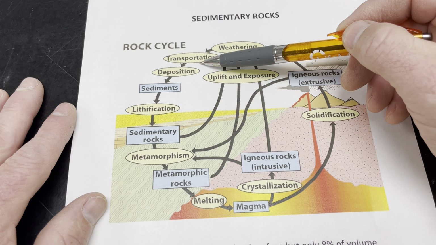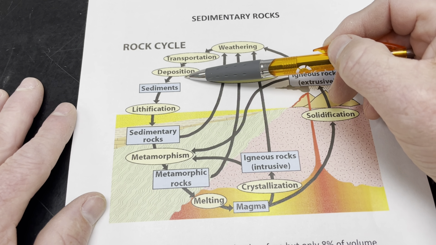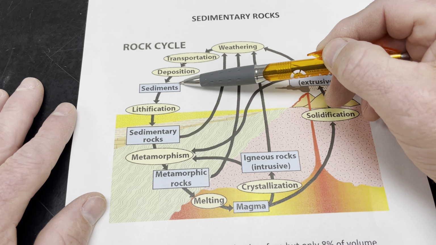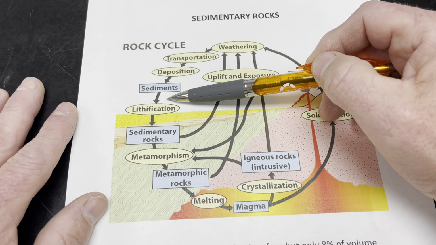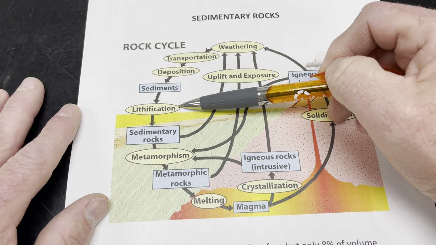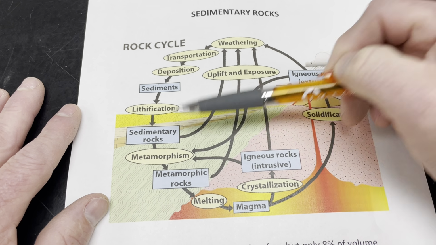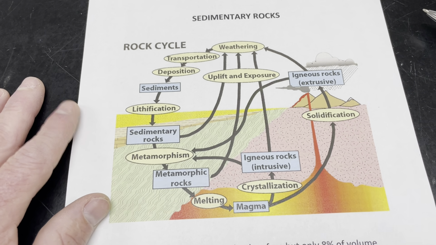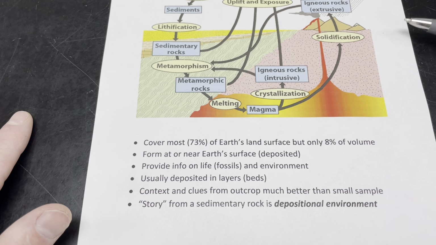Ultimately, those sediments have to stop somewhere, and so they get deposited. That's their final resting place. That's the deposition of sediments. Those sediments can then be buried, compacted, or cemented together by various means. We call that lithification, and then you end up with sedimentary rocks. That's what we're going to focus on today with our introduction to sedimentary rocks.